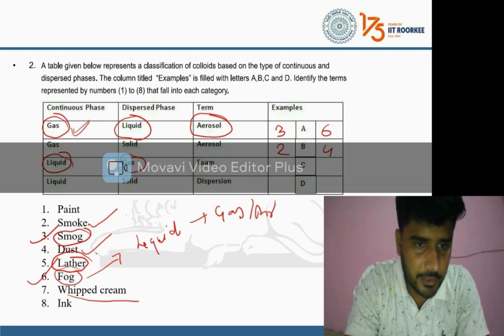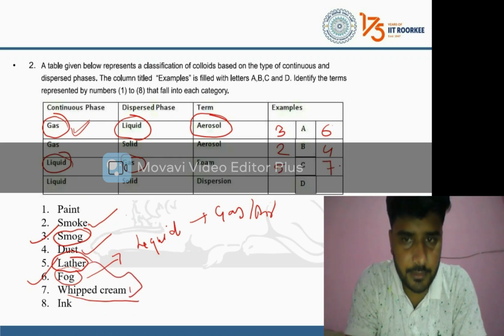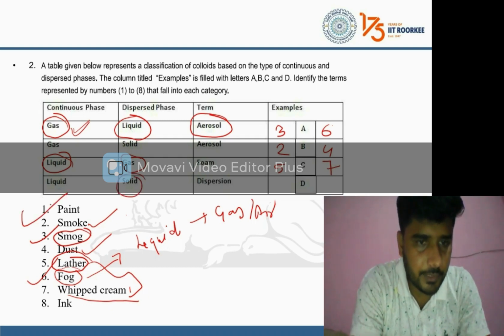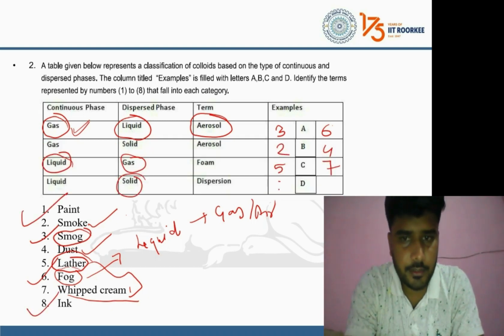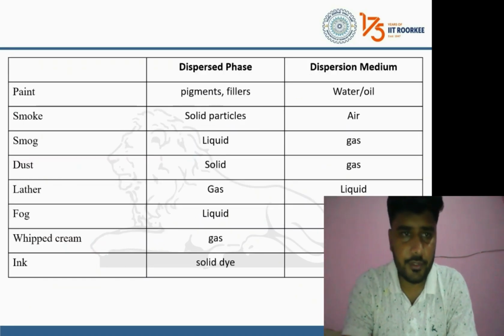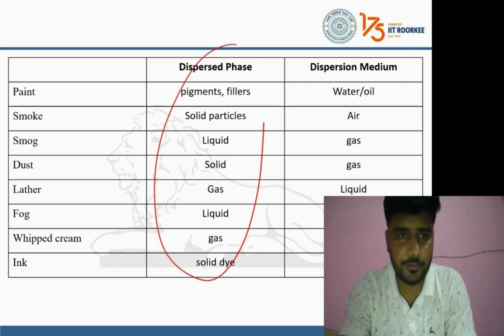So these two options will be appropriate, 5 and 7. And for solid and liquid, you just know one, paint and ink, 1 and 8. So you have to reference this table for selection of the appropriate options.